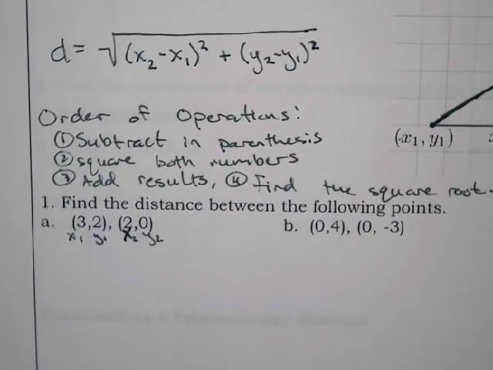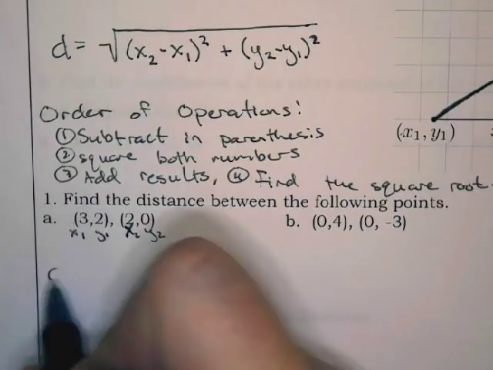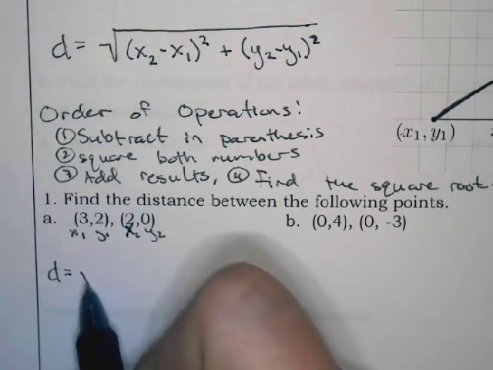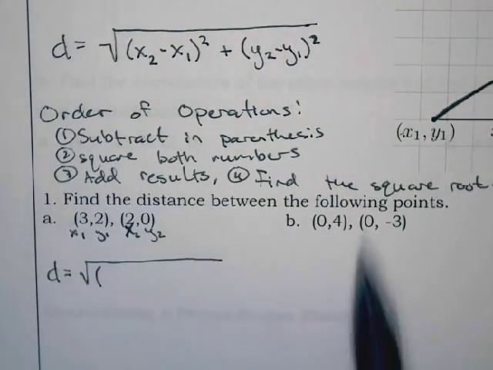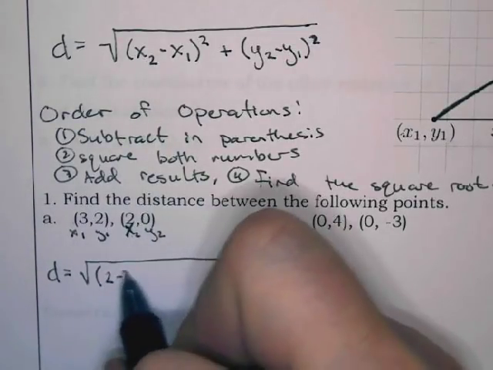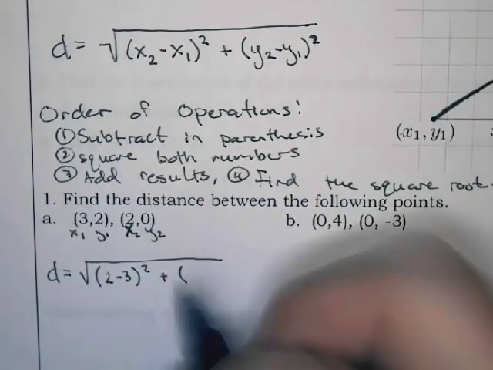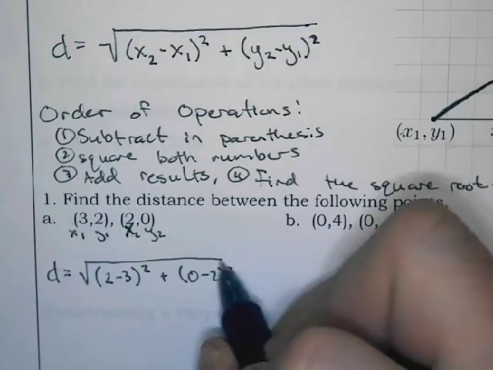So I'm going to plug into my distance formula. Distance equals, we're going to use this formula. So the distance is equal to the square root of x2 minus x1, 2 minus 3. Then we'll square that, plus y2 minus y1, 0 minus 2. Then we'll square that.